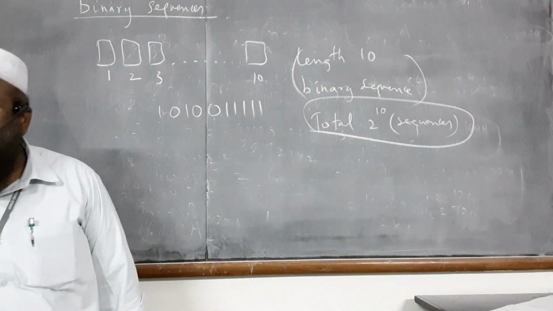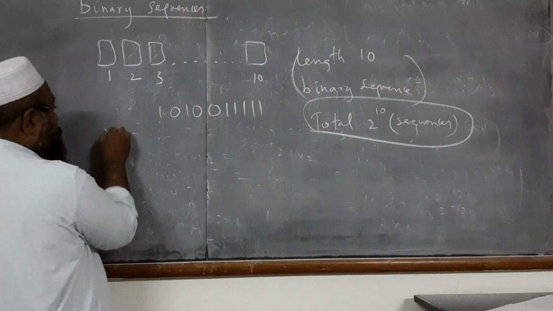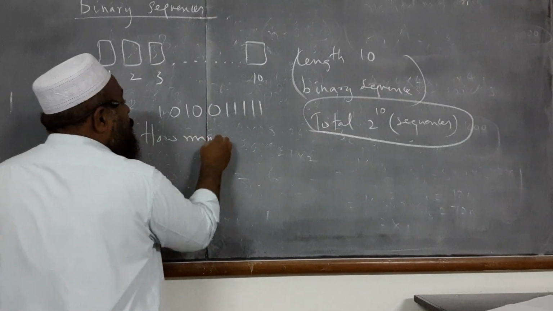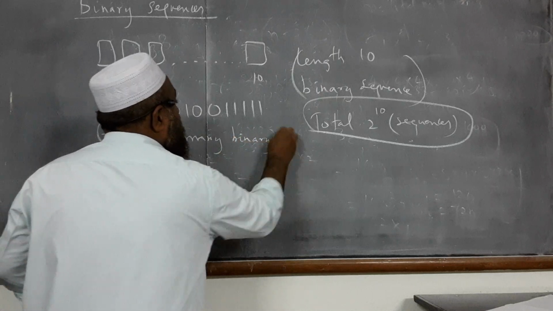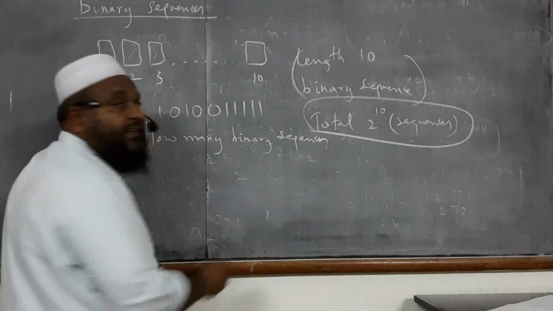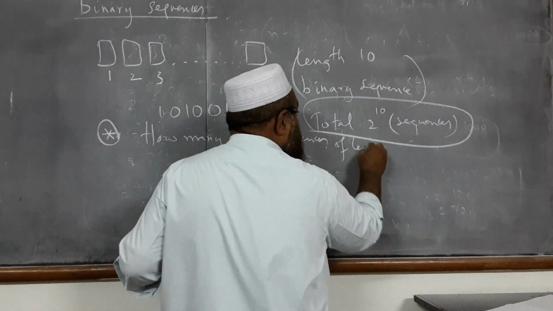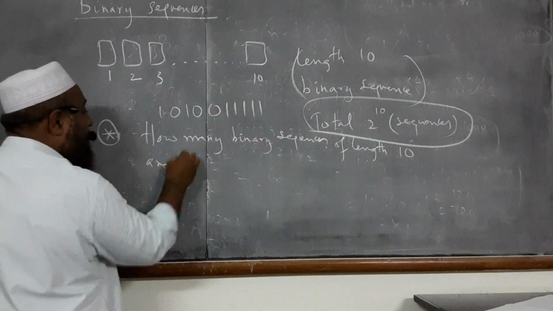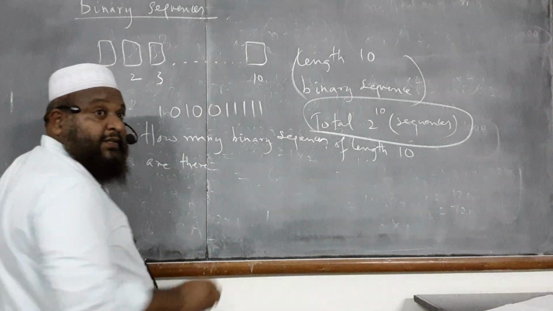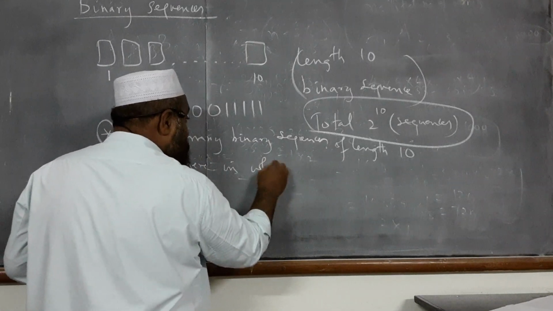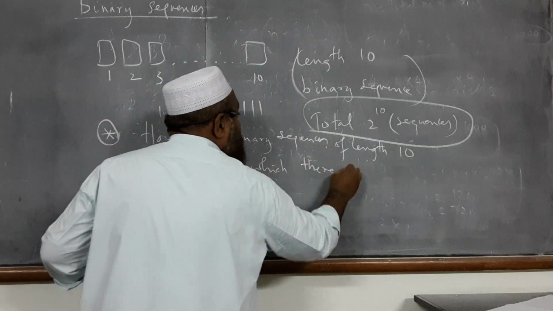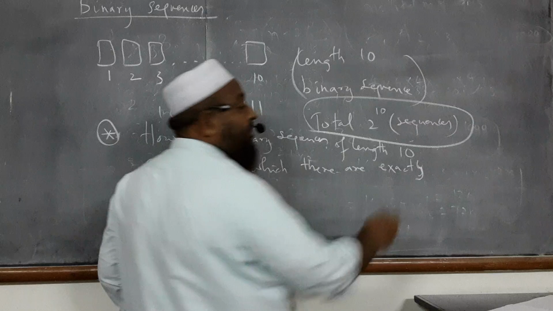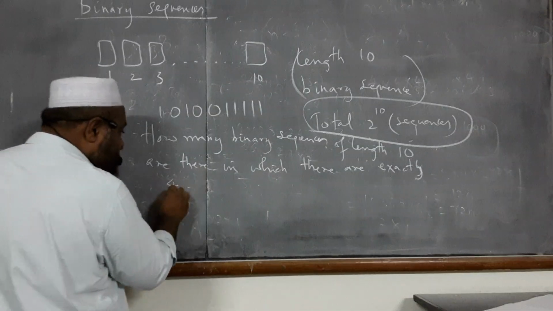Now if I write this question, which is a very important question: how many binary sequences of length 10 are there in which there are exactly 4 ones?